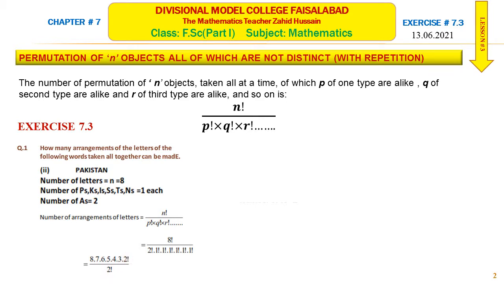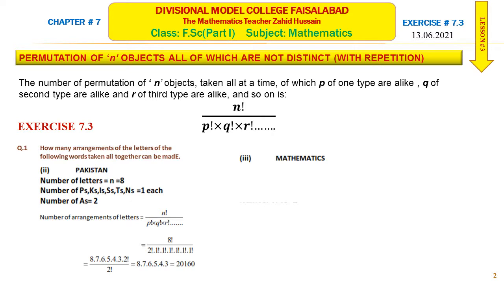This 2 factorial will be cancelled with 2 factorial, and we are left with the product of 8, 7, 6, 5, 4 and 3. Multiplying all these numbers, we will get 20160. So 20,160 arrangements of letters are possible by the letters of this word Pakistan.